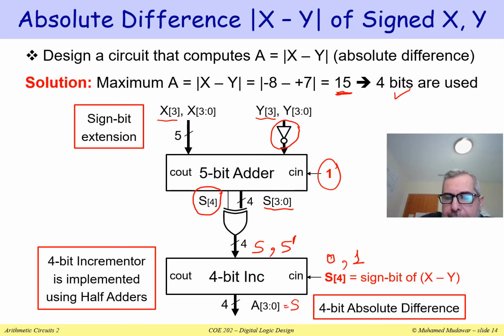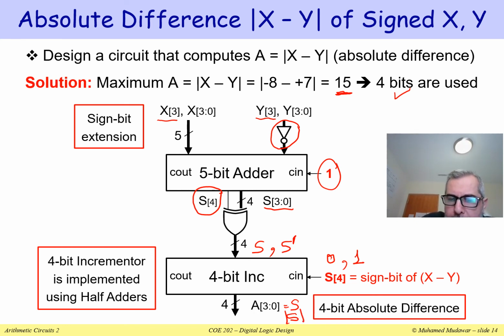However, if S is negative, so S4 is equal to 1, I'm going to calculate here S prime plus 1. So this will be the 2's complement of S prime. The negative of a negative is positive. So you get here the absolute value of S when S is negative.